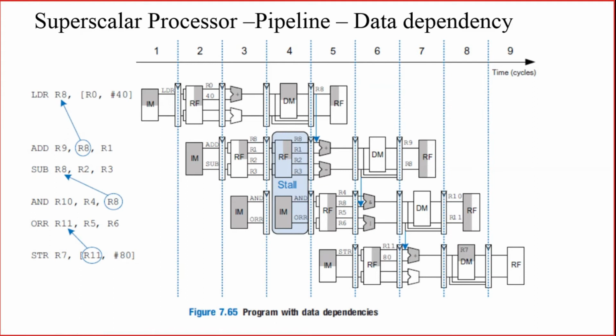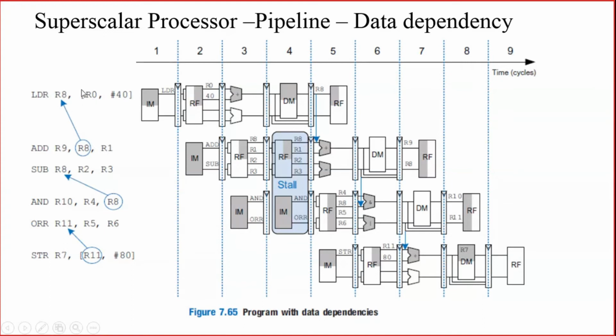But normally the process will be done like that. From here, in the next stage, it should be the execute stage. Right? So R8 and R1 will be given to the execute stage. But here what is the problem? We have seen in one of the lectures, CPU stalling or pipeline stalling will take place. Why? Because in this third stage, R8 data is not available. Because what will be the resultant of R8? What will be present in R8?